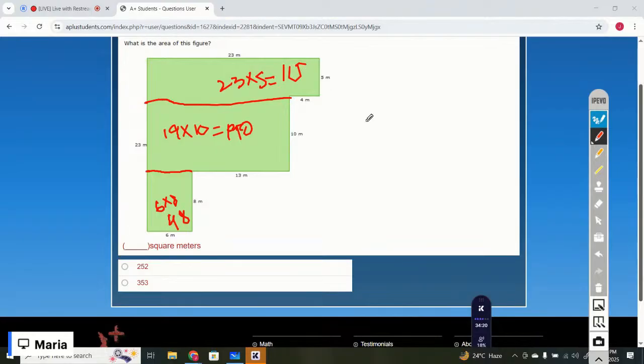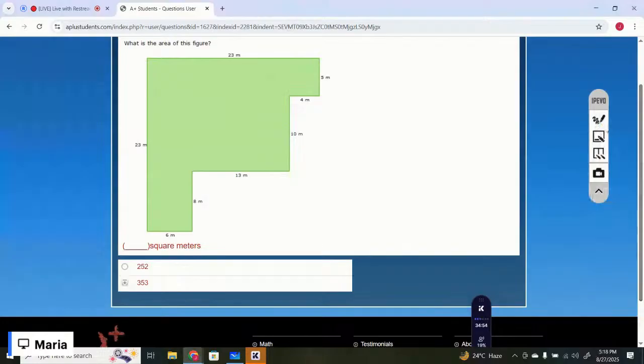So you need to add all these areas: 115 plus 190 plus 48, that is 353. Option 2 is the correct option, that is 353.